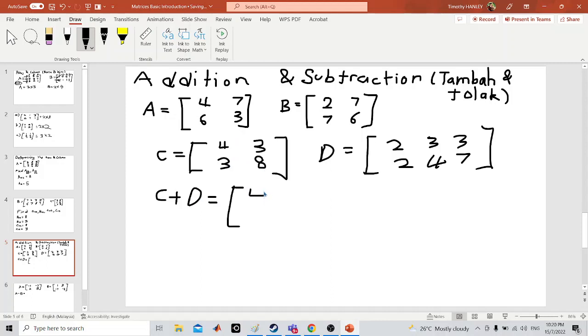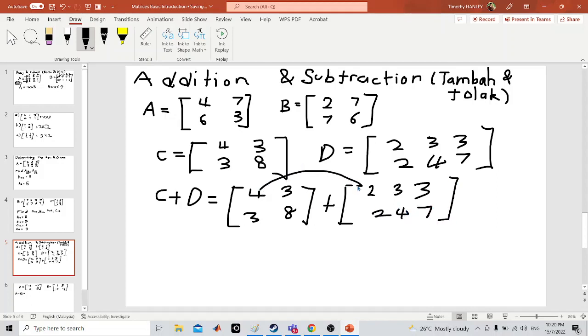So let's try 4 plus 3, 3 8, plus D, the matrix D, it's 2 3 3, 2 4 7.